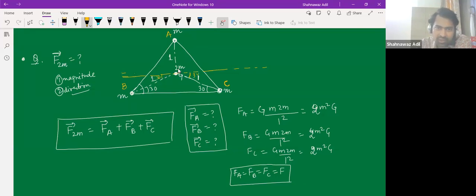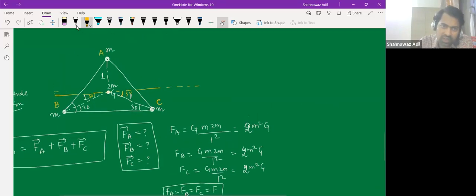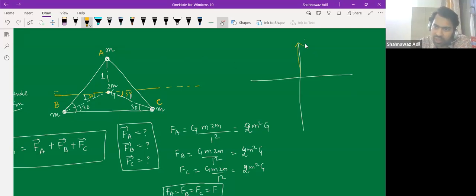So I have 3 forces. Let me draw the diagram with X and Y. One force is this one, FA, and its magnitude is F. I have another force, this is FC.